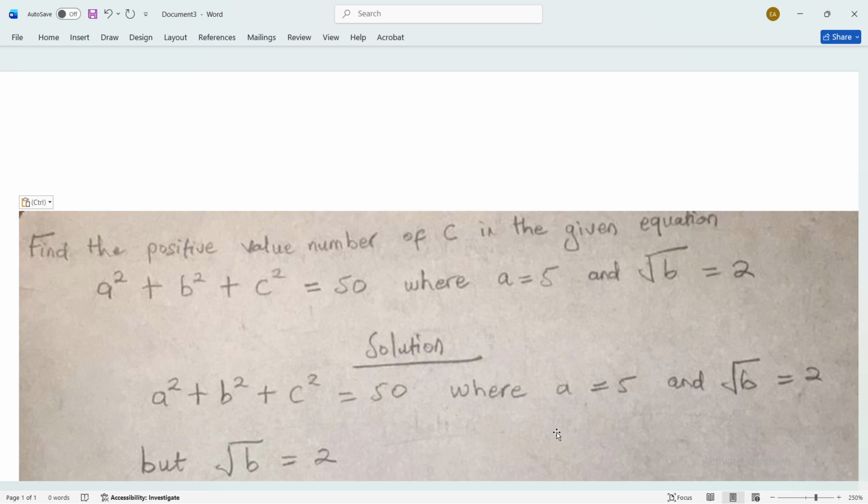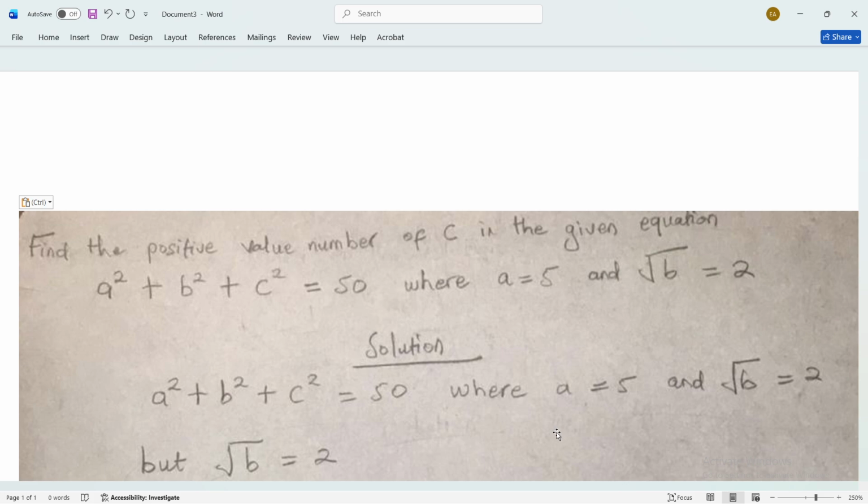When we square both sides, we will be able to cancel out the square root with the square around b, and also get a different value for our given value, which is 2. So our value would considerably change.